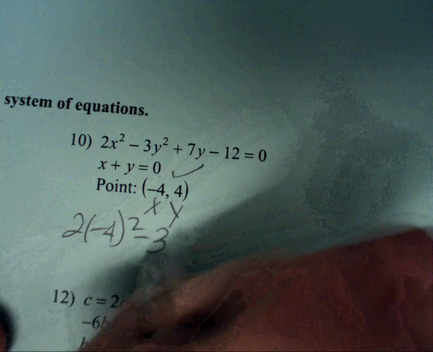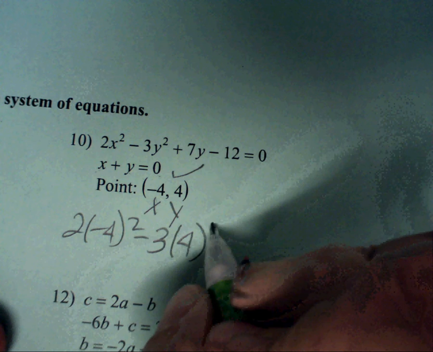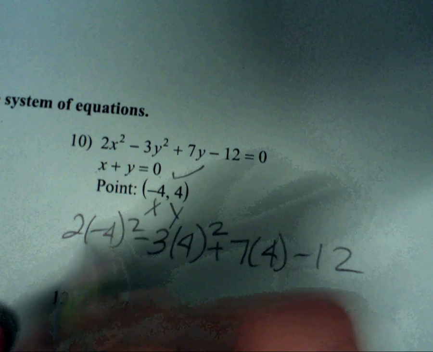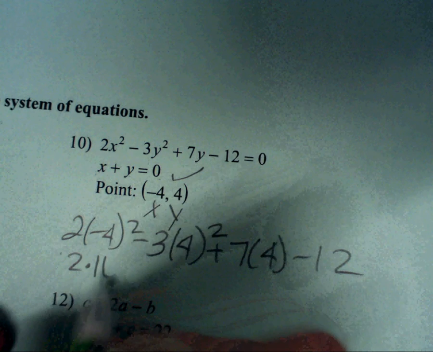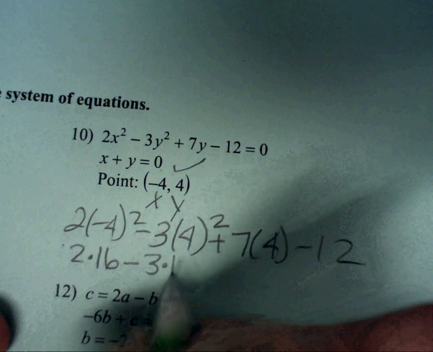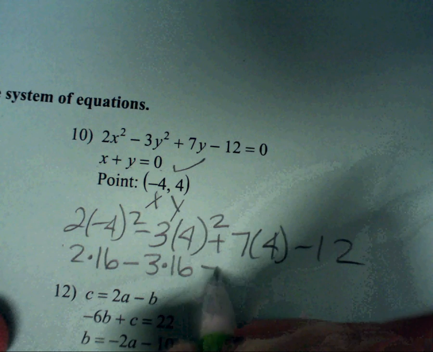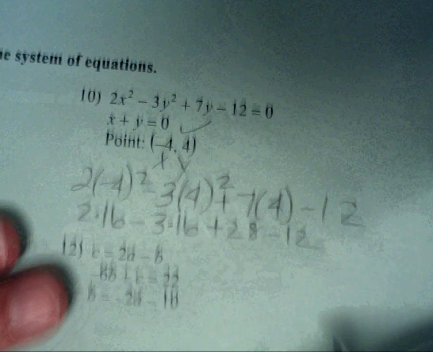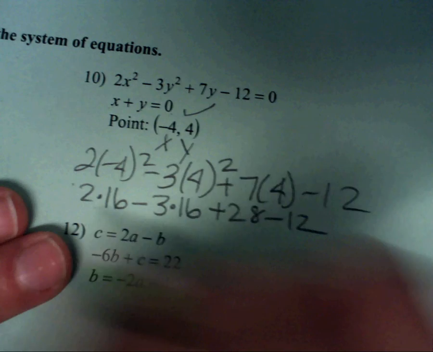So what I need to do is be very careful with negatives. It's the only reason you would miss a question like this. So this is 16 times 2, so I'm not going to shortcut it. I'm going to show all my work. 16 times 3, 7 times 4, and 12. So now I'll go back and work those.